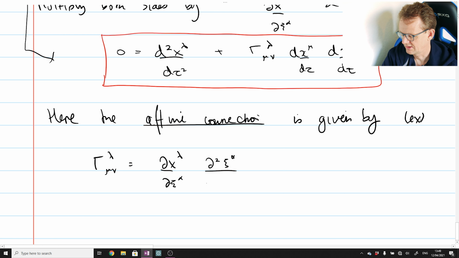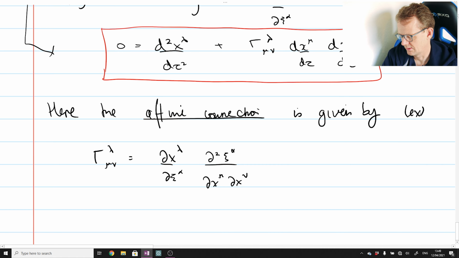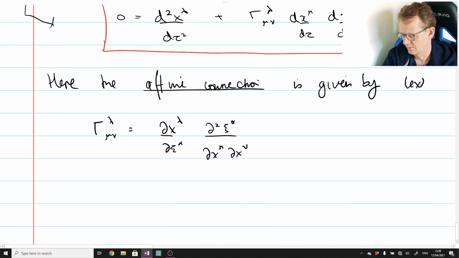And this affine connection expresses how the new coordinates, the freely falling coordinates, depend on the new coordinate system, and there's also a Jacobian factor in there.